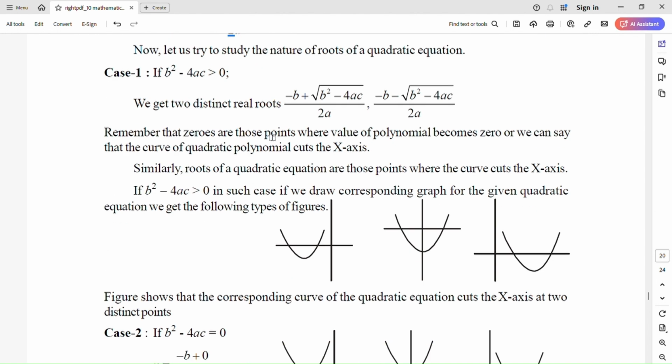These are basically the zeros. If you draw them on the graph, they cut the x-axis at two points. In this case both are negative, so it is intersecting the x-axis at 2 points.